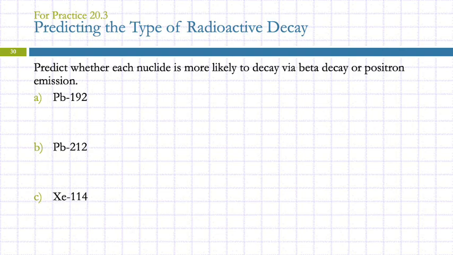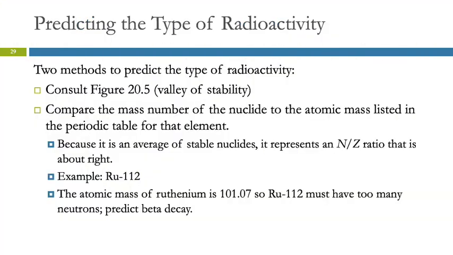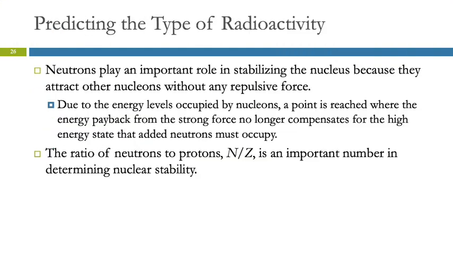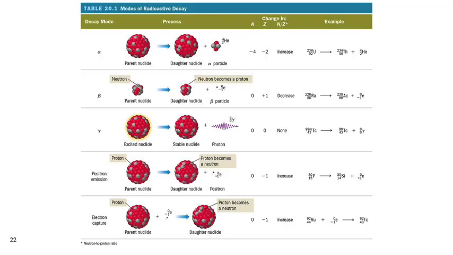So predict whether each nuclide is more likely to decay via beta decay or positron emission. Let's review real quick here. So here's positron emission. In positron emission, a proton becomes a neutron, right?